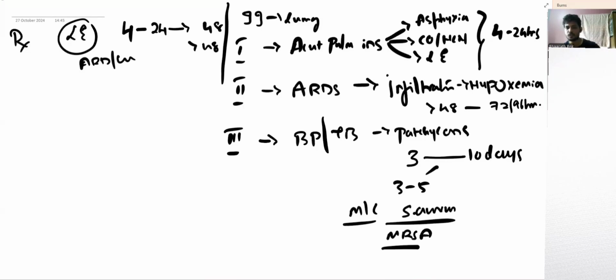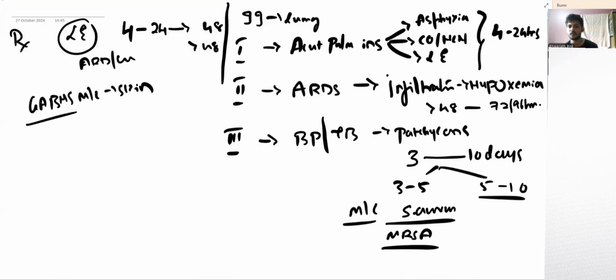MRSA is the most common organism involved on the third to fifth day of an inhalational injury. But if it is skin, it is always GABHS. Group A beta hemolytic streptococci is the most common organism involved in a skin burn, and the most common organism in inhalational burn in the first 3 to 5 days is gram-positive Staphylococcus aureus, and then after the 5th day to the 10th day, it is a gram-negative organism, which is Pseudomonas or Klebsiella.